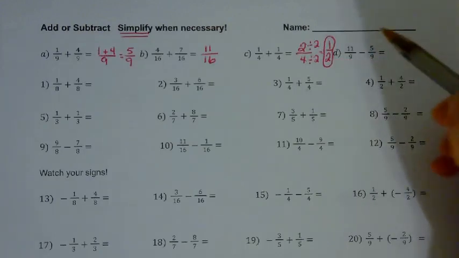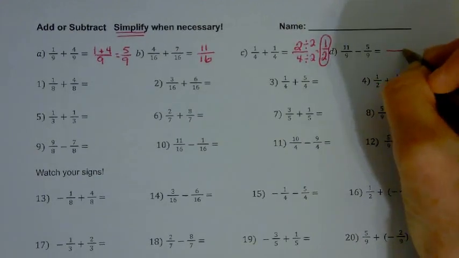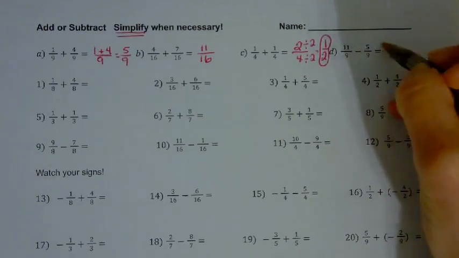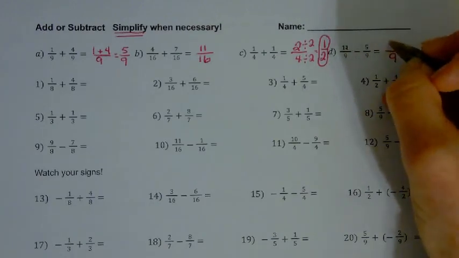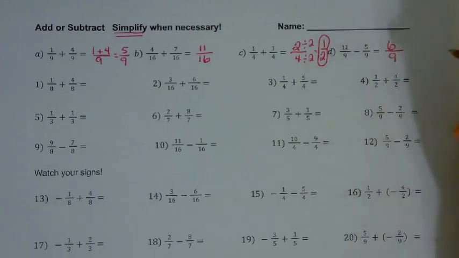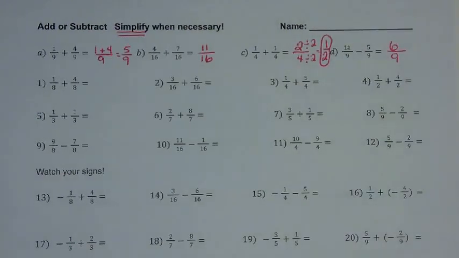Okay, so now we're going to go on to letter D. We have 11/9 minus 5/9. Remember, you keep the bottom the same when you're adding and subtracting. And we're going to subtract 11 minus 5, which is 6. Now, do you see that 6 and 9 might have a common factor?